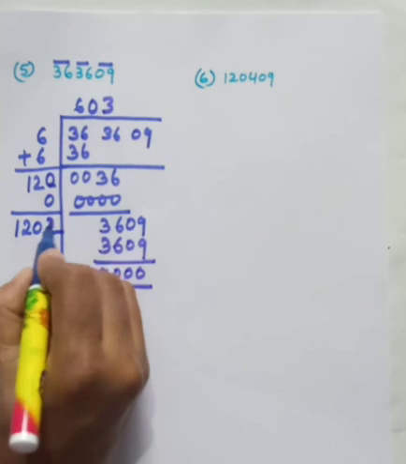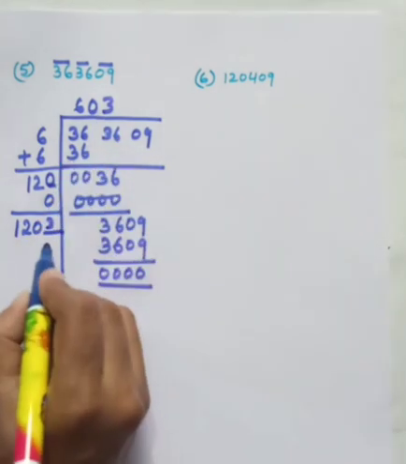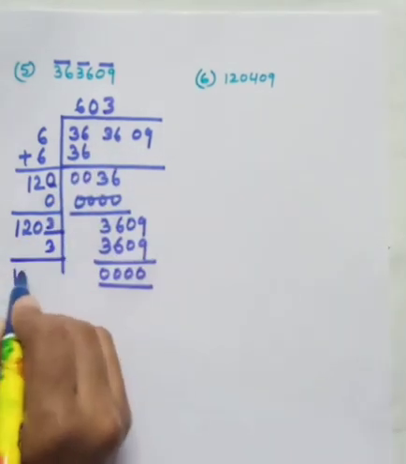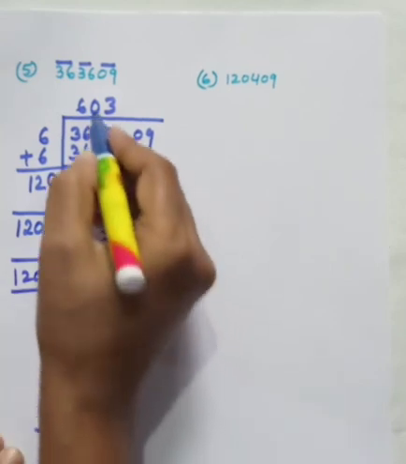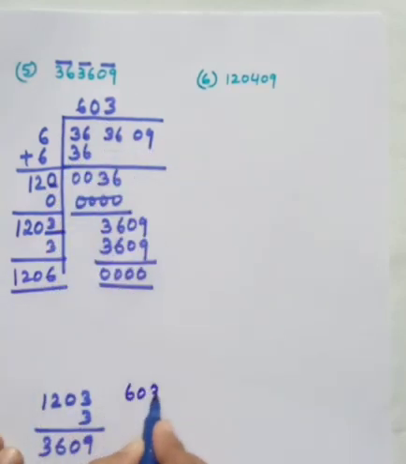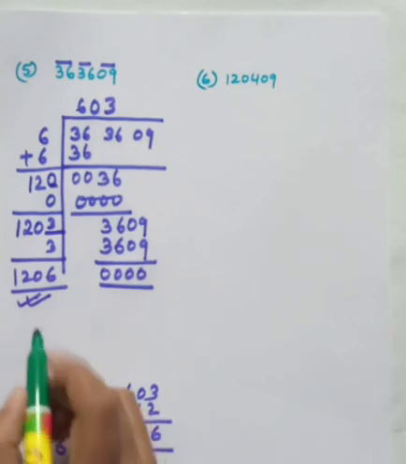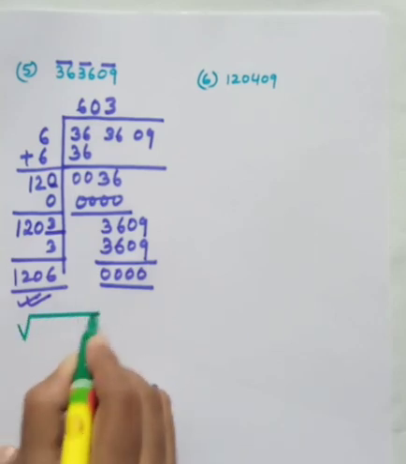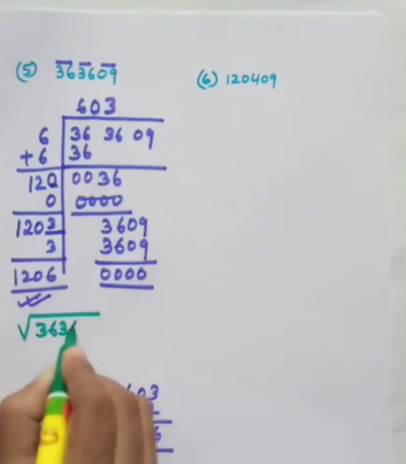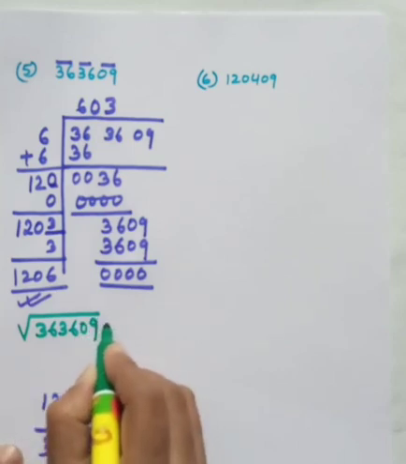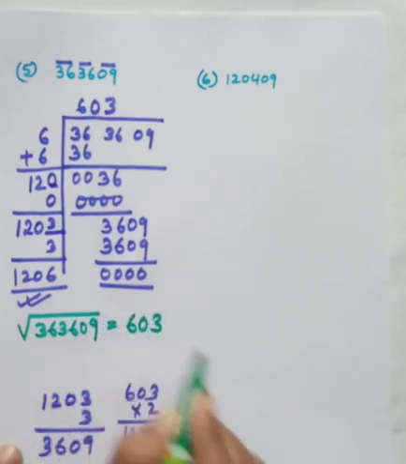How much is here? 3. 1203 plus 3, if you are putting, you will get 1206. And see, 603 into 2 is equal to this one. So you are correct. So you can say that root of 363609 will be equal to 603.